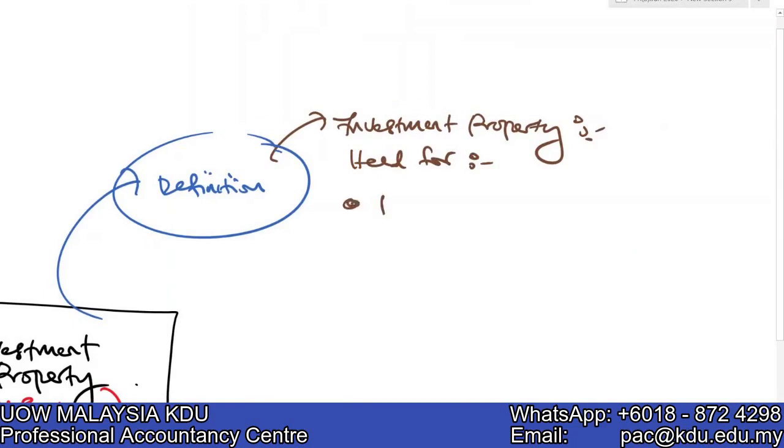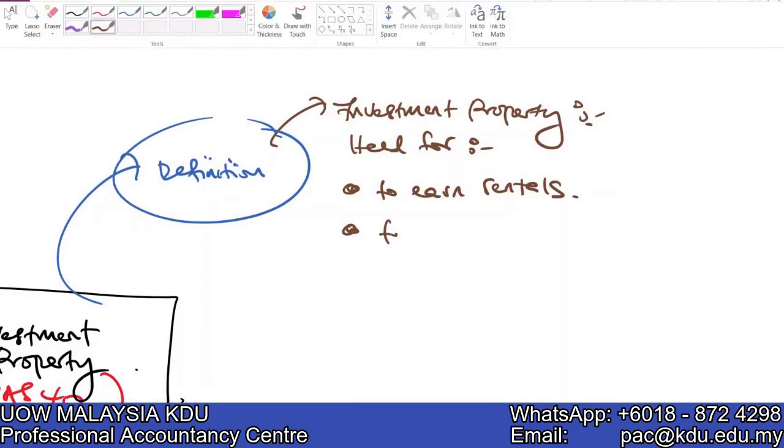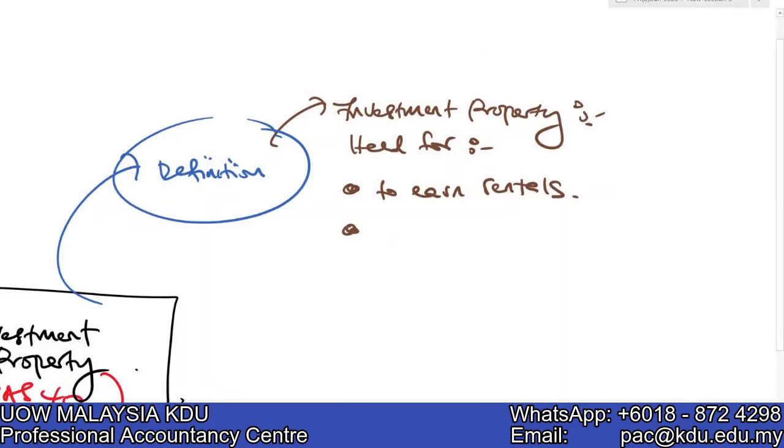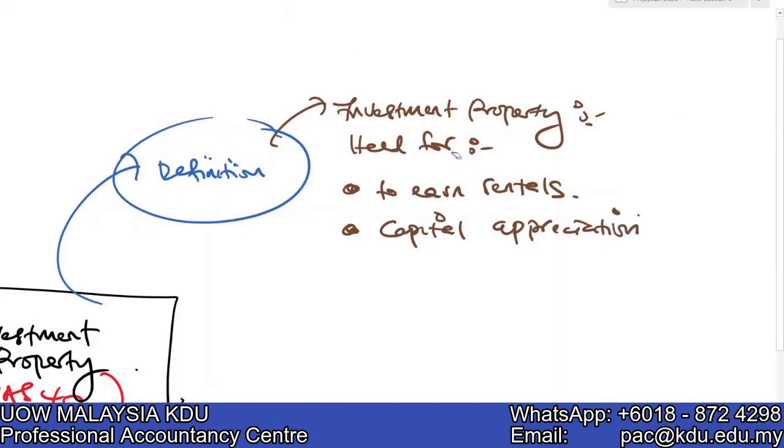The first one, they are held to earn rentals or for capital appreciation. Right? It is held to earn rentals. You rent it out, then it will be your investment property.